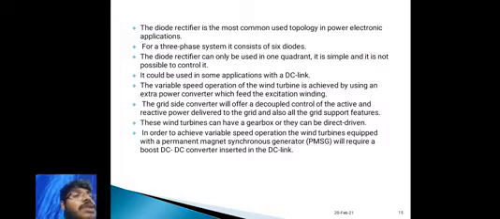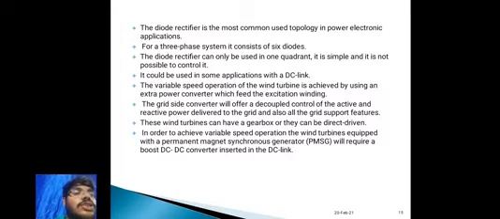Variable speed operation of a wind turbine is achieved by using an extra power converter which feeds the excitation system. The grid side converter will offer decoupled control of active and reactive power delivered to the grid, and also grid support features. This wind turbine can have a gearbox or be gearless.